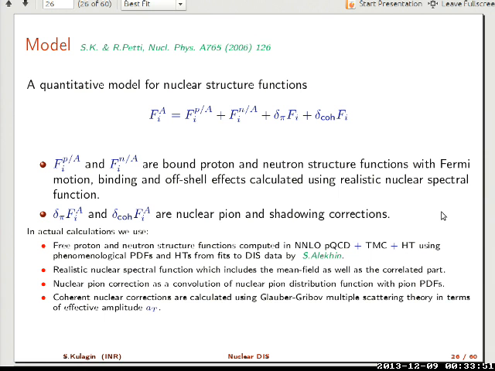This stands for the proton and neutron contribution averaged with the corresponding spectral functions, with some off-shell correction, which is not known, and we would like to fix it from data, with some pion correction for which we have a model of how to calculate it, and a coherent correction which is calculated in terms of an effective amplitude, which we also would like to study and then fix from data.